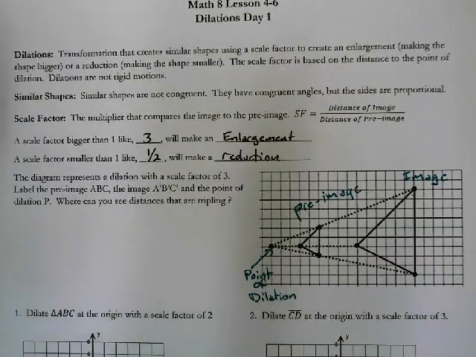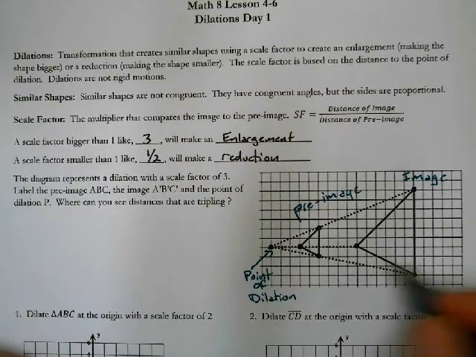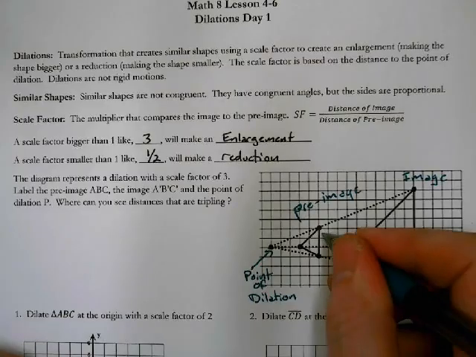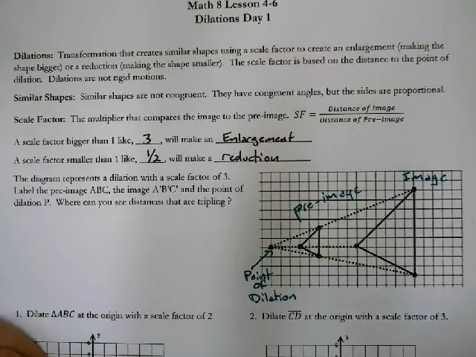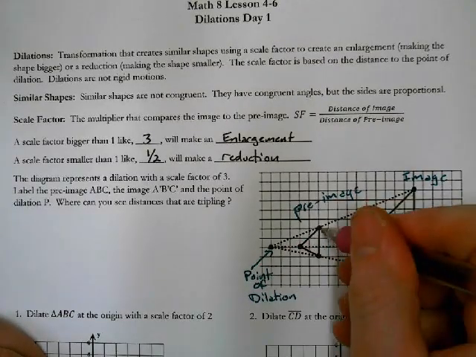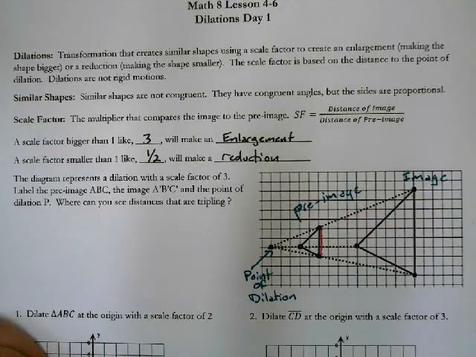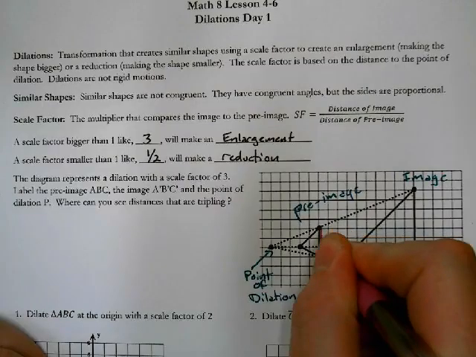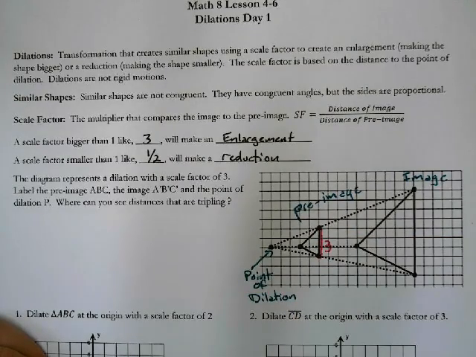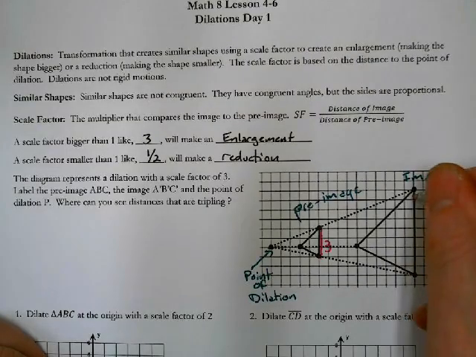Now this particular dilation that I've done here, we can find out how much bigger this shape is. So here I can see on this side right here, this is 1, 2, 3. That's 3 units right there. Now let's measure a corresponding part on the other one, so a matching part.